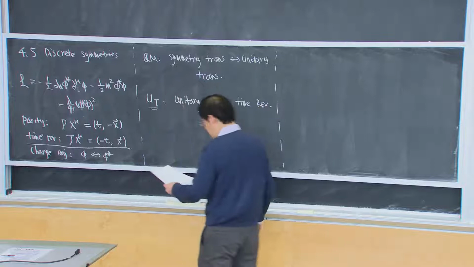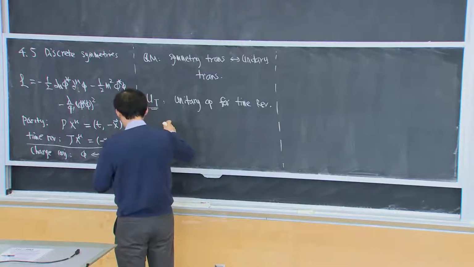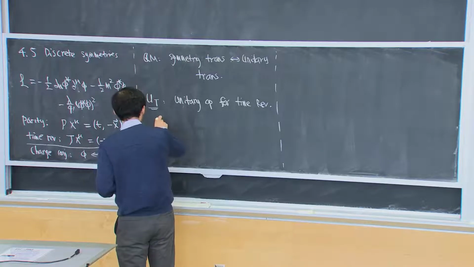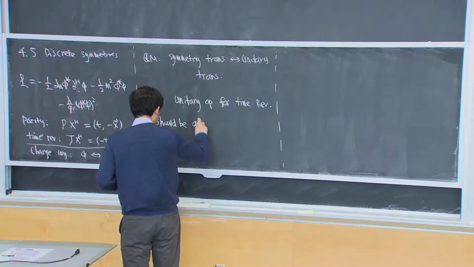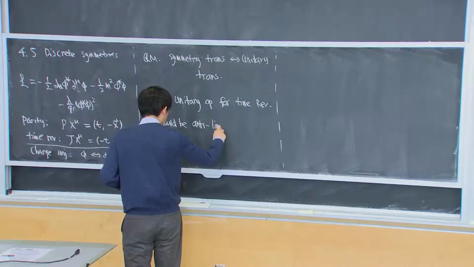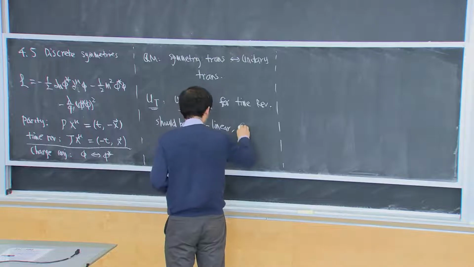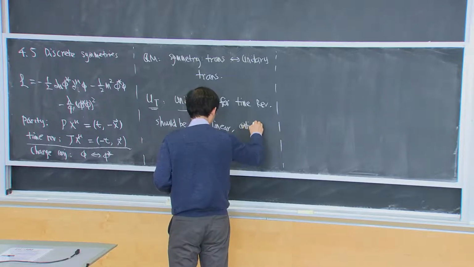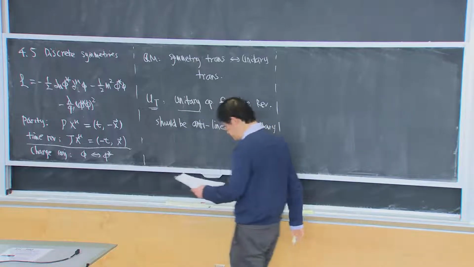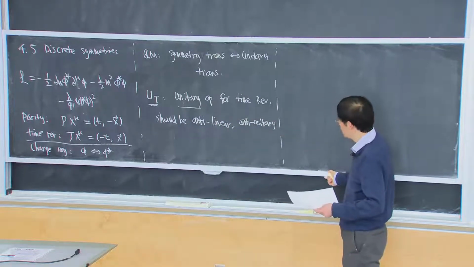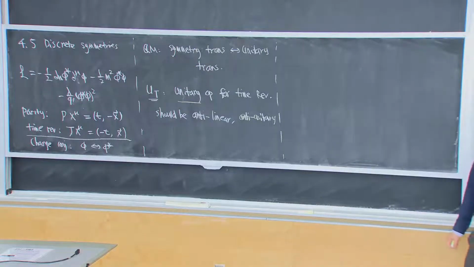And then the claim is that this should be antilinear. It's not actually ordinary unitary, it's called anti-unitary. Now let's try to explain where those things come from.